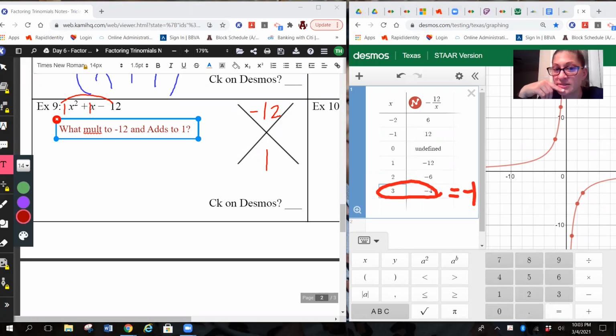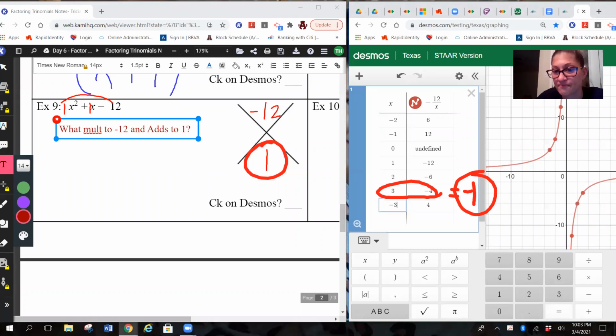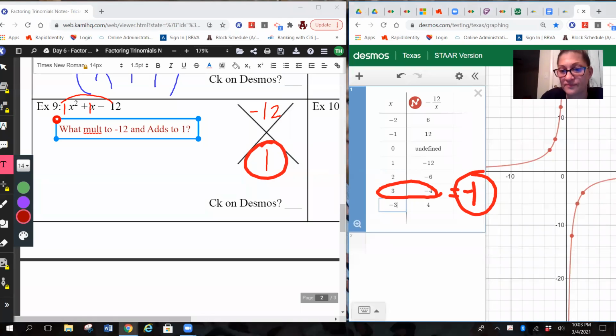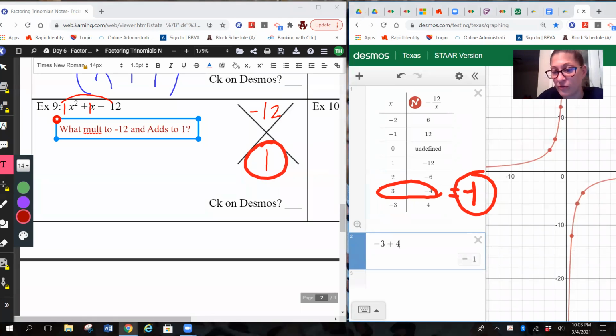So what happens if you get the opposite of this over here? You just switch it. That's all you got to do is switch it. So instead of a 3, put a negative 3. And then a negative 3 plus 4 is a positive 1.